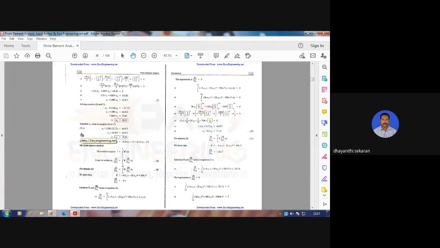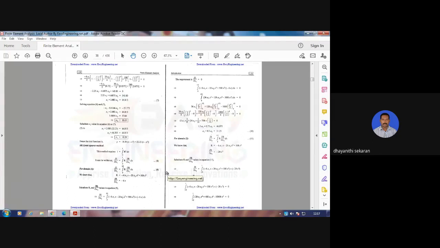We need to solve the equations. We are getting a1 equal to 18.50, a2 equal to 22.23. This is called the subdomain collocation method. So we can say y equal to 18.50 (x minus x cube) plus 22.23 (x minus x power 5).